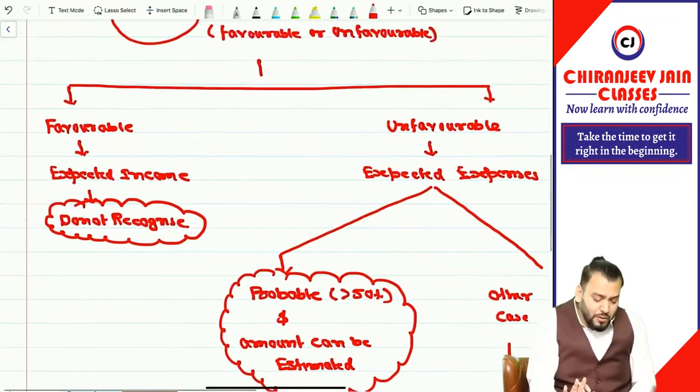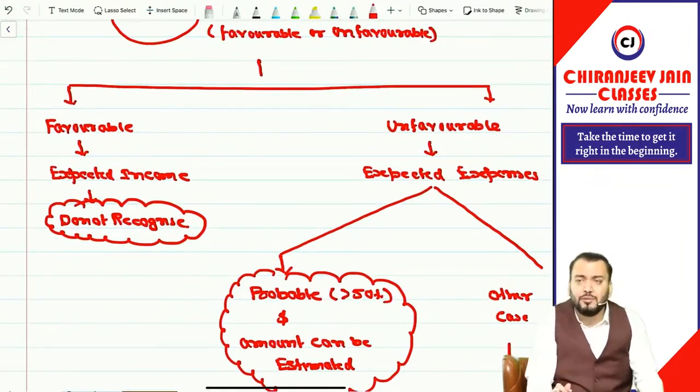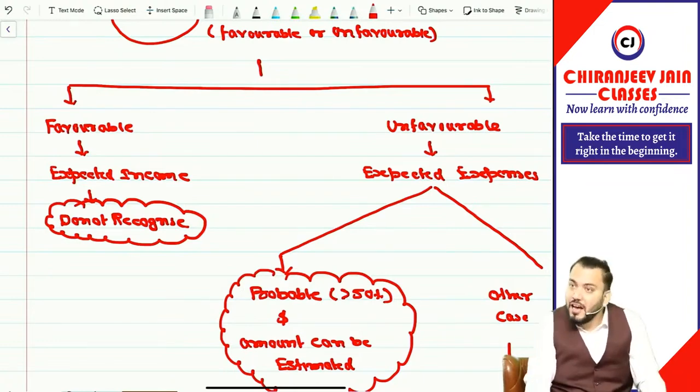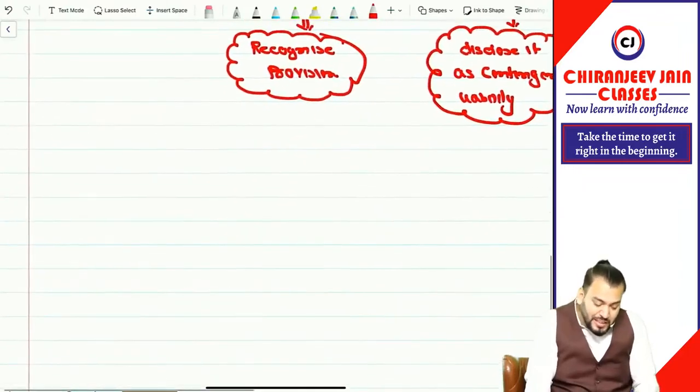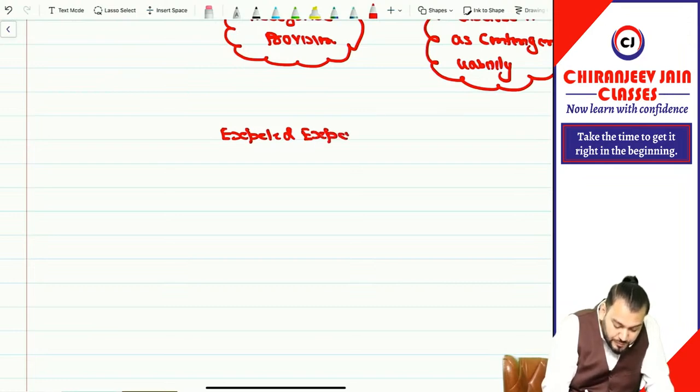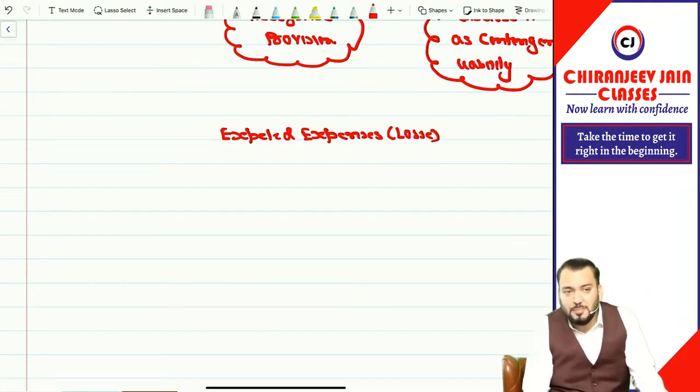Correct. Now one thing is clear: when we are coming to recognition, we recognize only expected expenses, meaning unfavorable situations. So can I say, expected expenses, or if you want to write losses also, arising from which event?